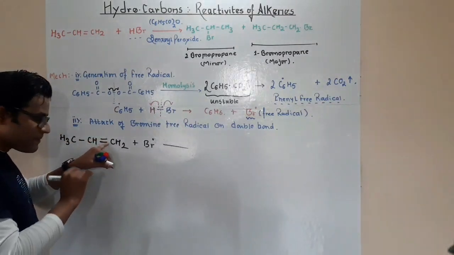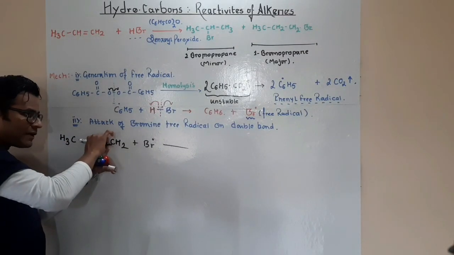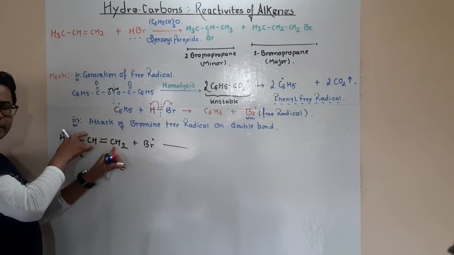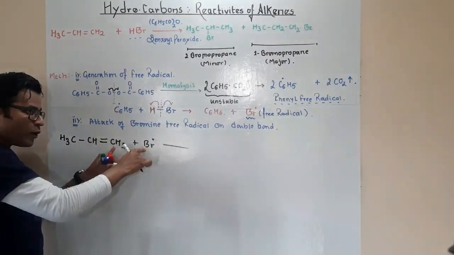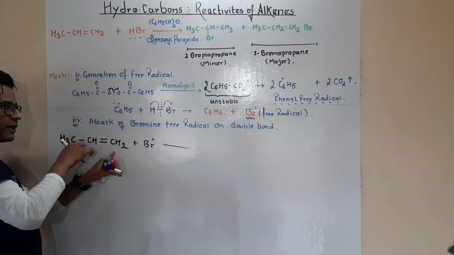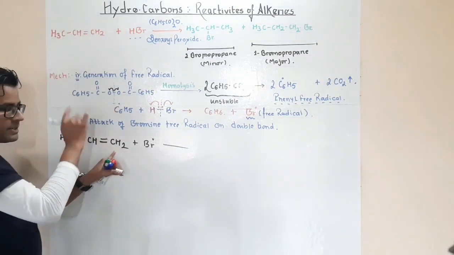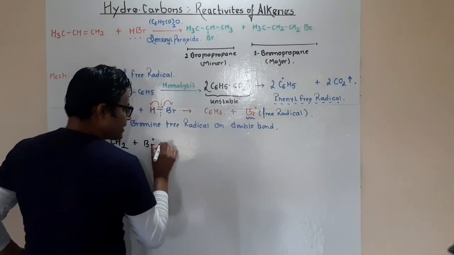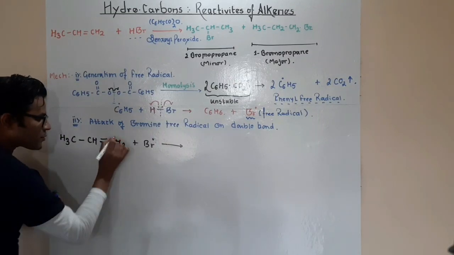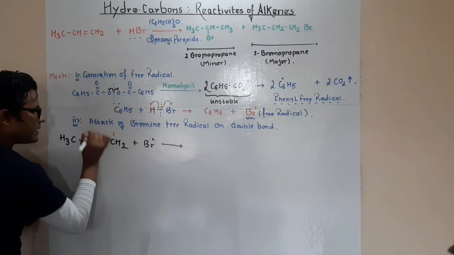So 1 electron will be shifting to this first carbon, 1 electron will be shifting to the second carbon. So if you are going to attach this particular bromine here, the free radical will be generated on the carbon on the top, correct? So if this reaction occurs, let's say the bromine is going to attach to carbon number 1 or carbon number 2.